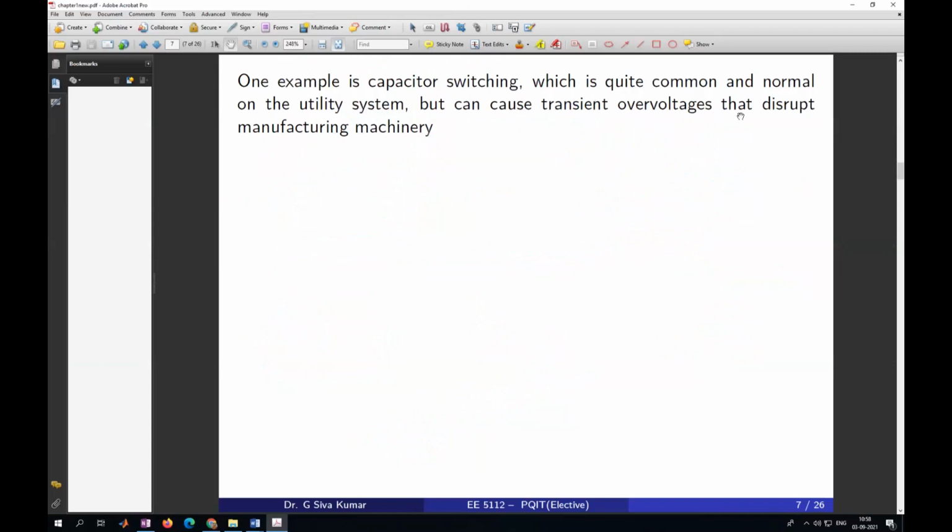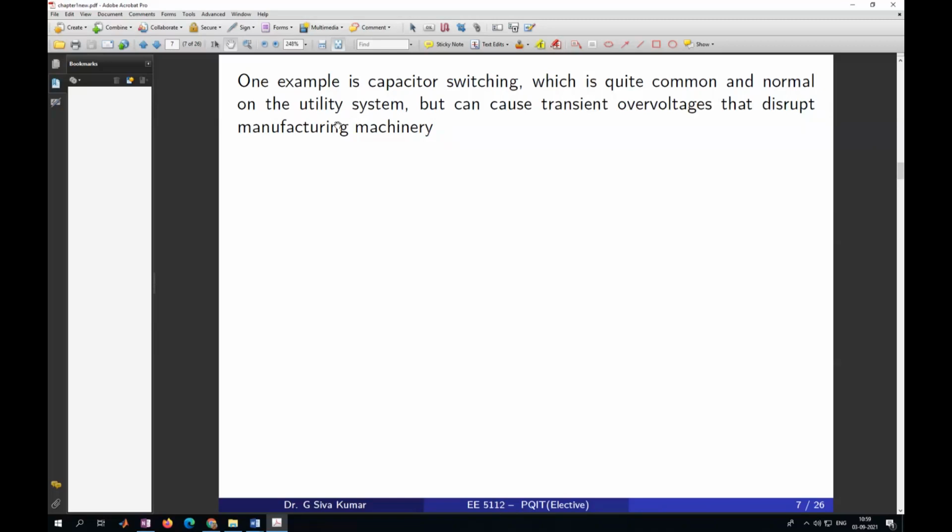The transient over voltage also disrupts the manufacturing machinery, especially capacitor switching, which is quite common on the utility system. In the utility system they have capacitor banks that turn on and turn off when the consumers do not have a capacitor bank.